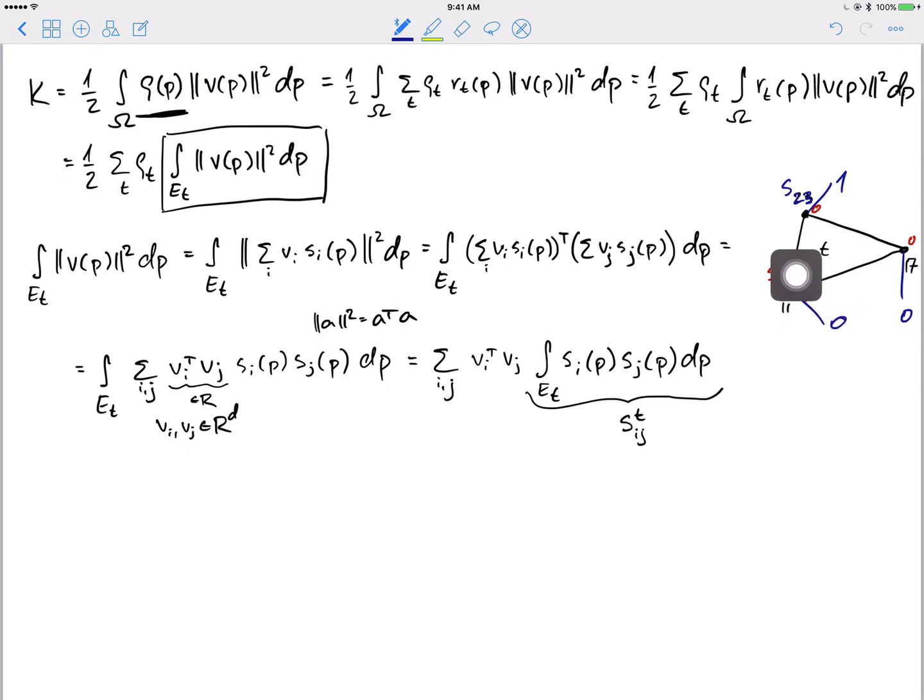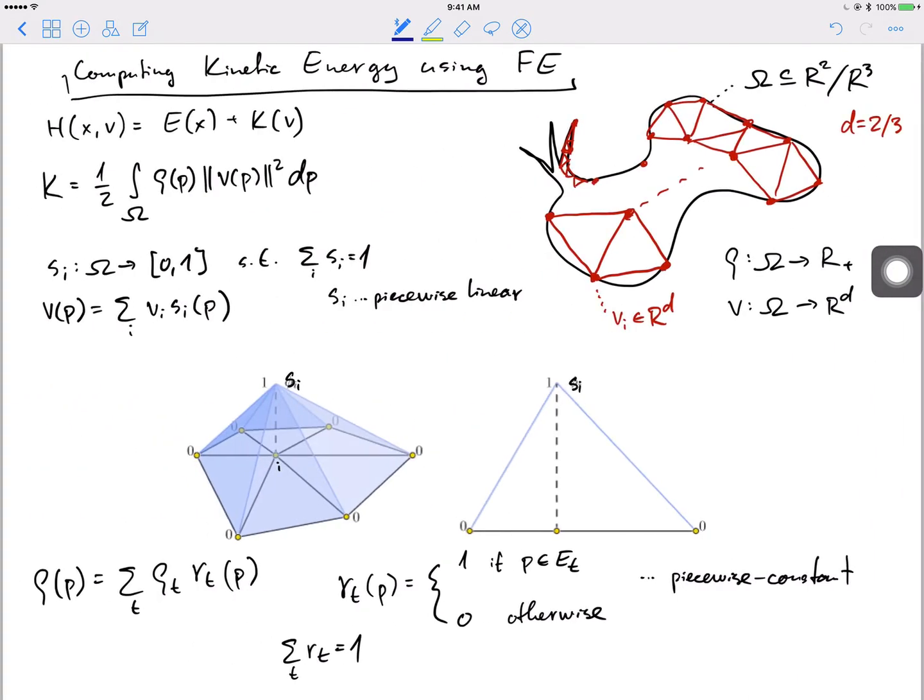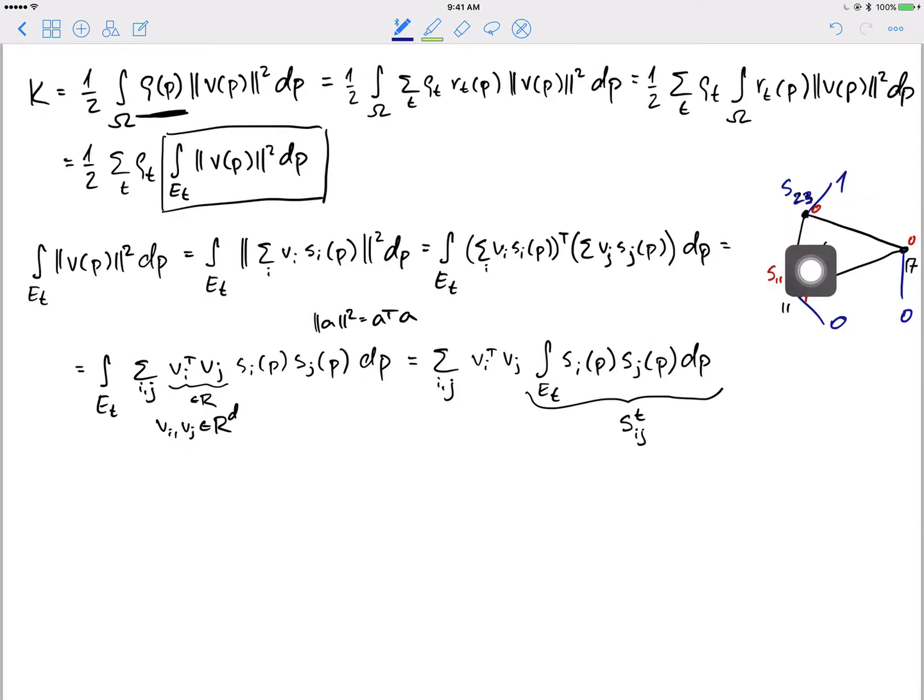The funny thing about it is that this triangle can have any shape. It can be tiny. It can be any of these triangles, right? And the shape functions are defined on the triangle by interpolating these 1, 0, 0 values. Okay. So let me just tell you what you should get if you compute these integrals correctly.